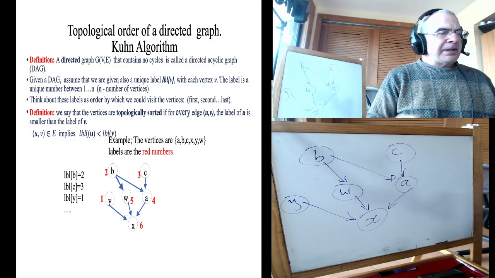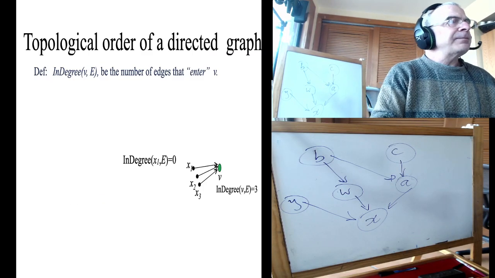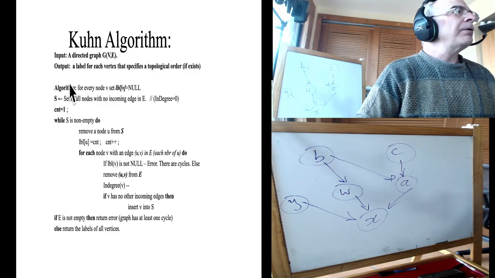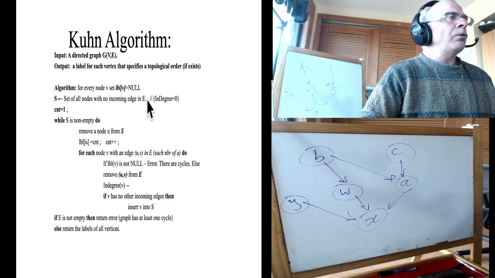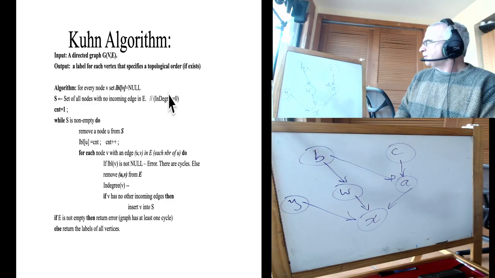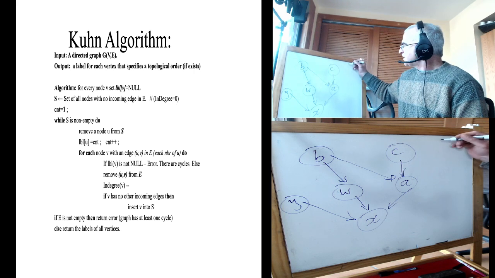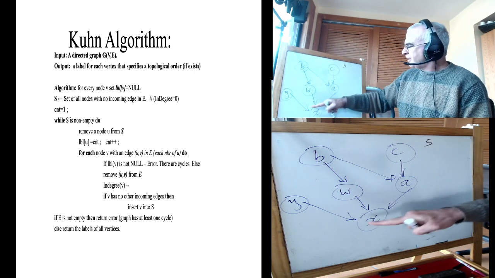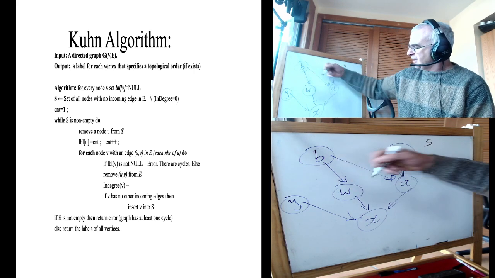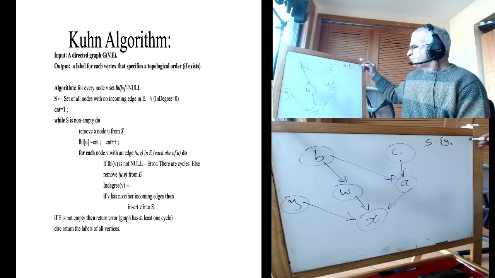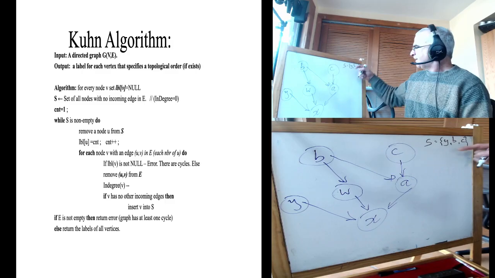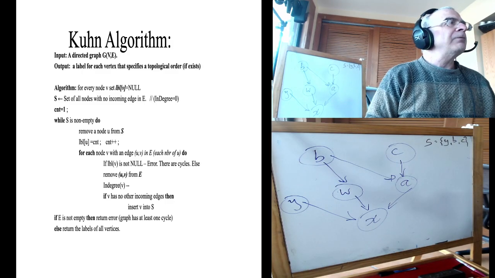What the algorithm is doing is storing a set S of all the nodes that have no in degree, that is in degree equal to 0. Right now W is not there, its in degree is 1, A is not there, so S right now is Y, B, and C. The 3 of them, I can start my process with any one of the 3.